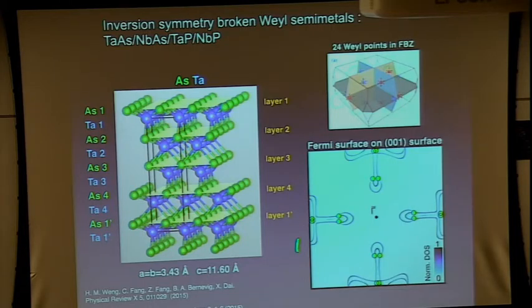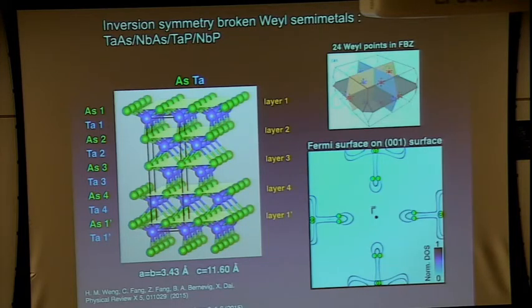So this is a theoretical calculation for this compound. There are many different calculations in the literature, but they all more or less look the same, with some assumptions. One of the key assumptions is what kind of surface termination you have, and that determines very much in detail what kind of Fermi arc you will see.